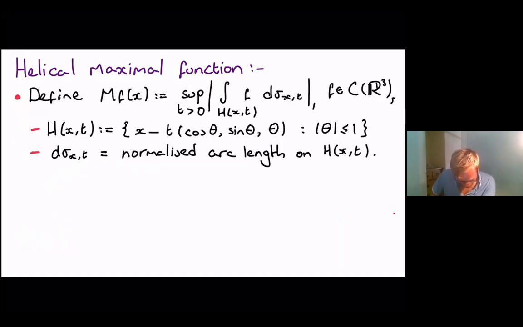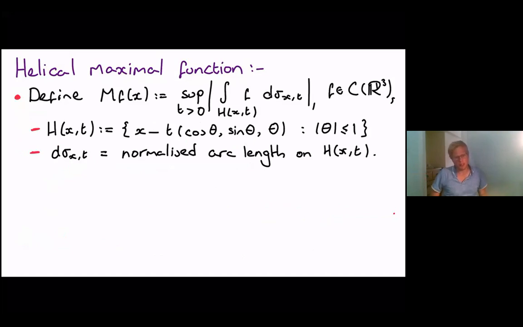Okay, so let's try to make this discussion a bit more precise. Here I'm going to be focusing on the helical maximal function, so we're really just going to focus on the three-dimensional case. It's defined in an analogous manner to the circular maximal function. We take as our input a continuous function on R^3 rather than the Euclidean plane, and we take averages of this function over concentric helices.